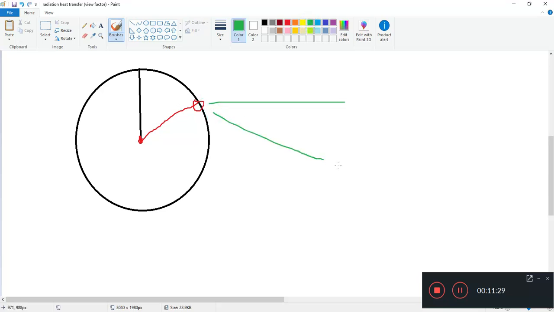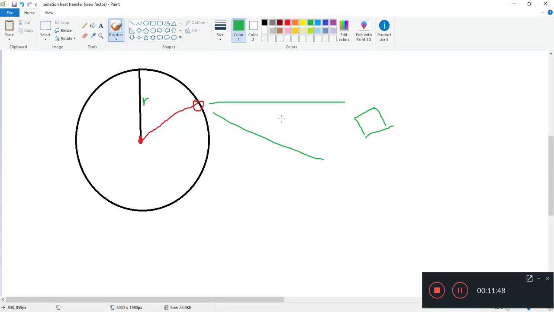If we studied spherical coordinates, we have to take a look at this differential area. We note that the radius of this sphere is called r.